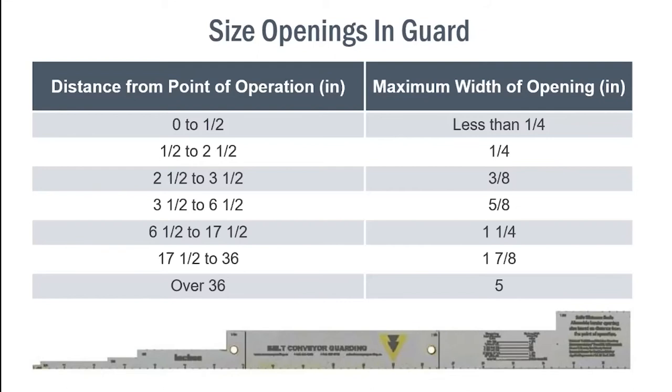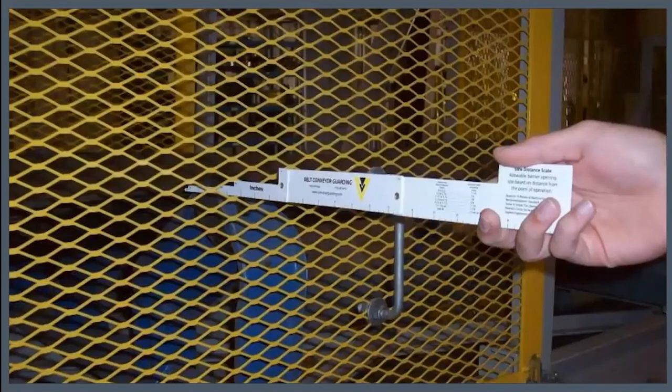This is the physical manifestation of that chart, the gotcha stick that you can use to physically assess the gap versus distance to hazard. Here's an example of how you'd use it on an extruded metal mesh guard, or on a fixed guard that's installed. Can you get around that fixed guard to the hazard?